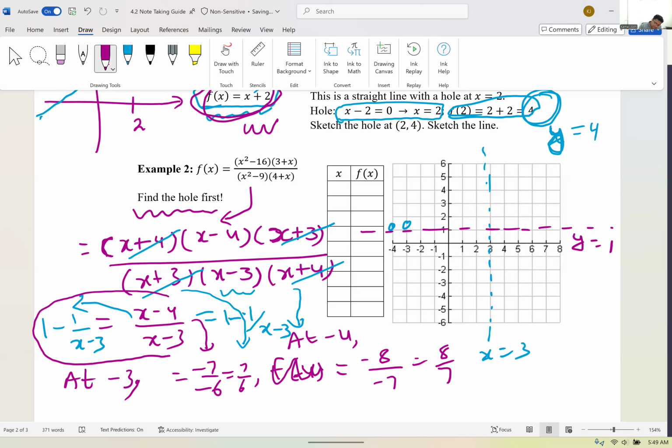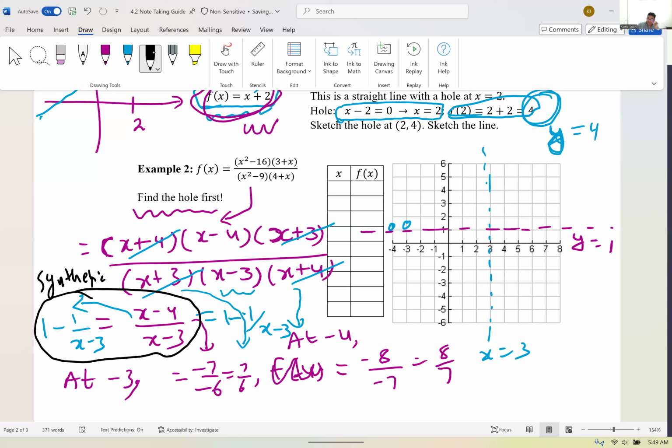I'm going to circle this here and mention that. I should have had more color options. If you want, please do the synthetic division and you'll get that. So that tells you that 1 minus something, so y equals 1 is going to be your asymptote.